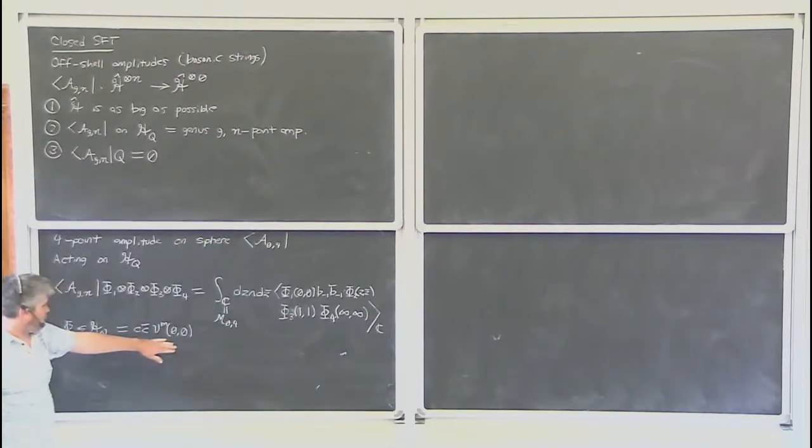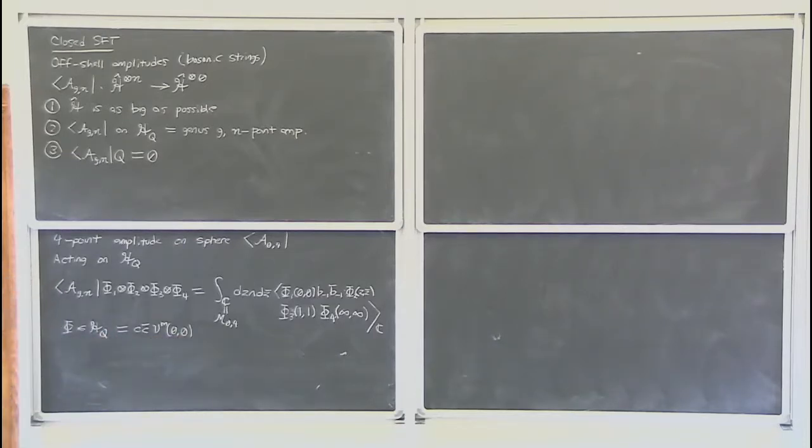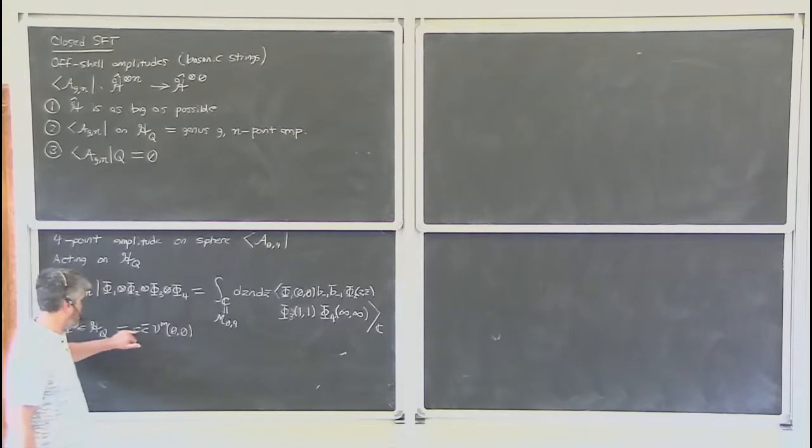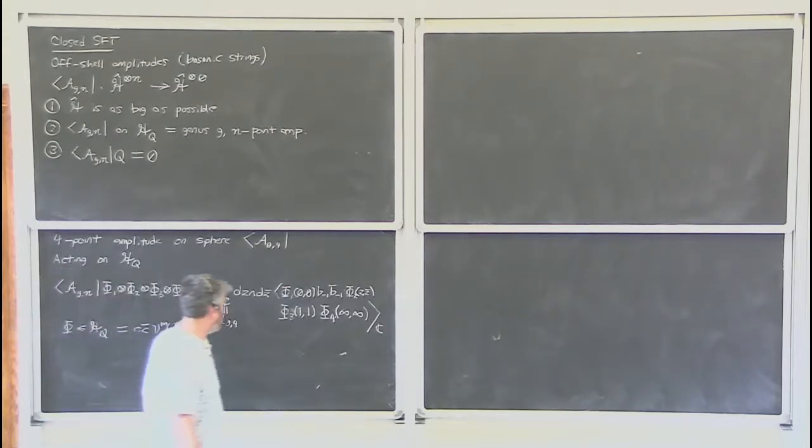So V is a weight (1,1) matter primary in the c equals 26 physical factor of the CFT, and these are the c ghosts in the c equals minus 26 factor.